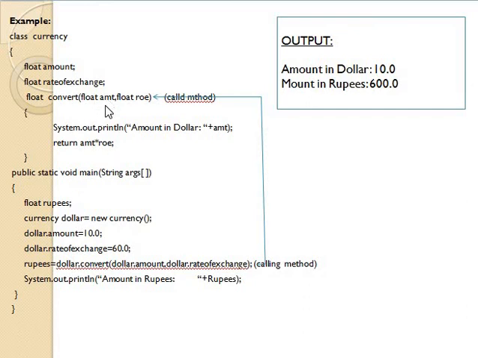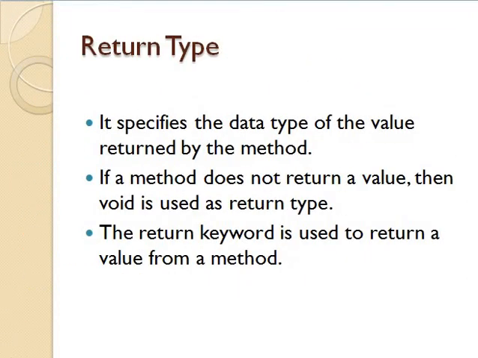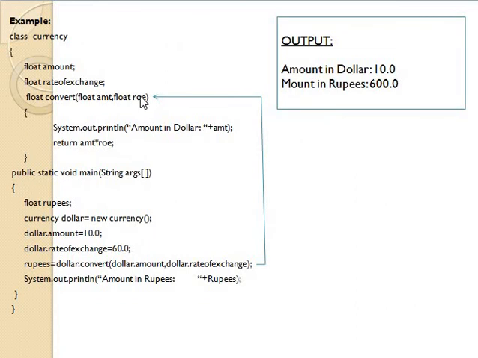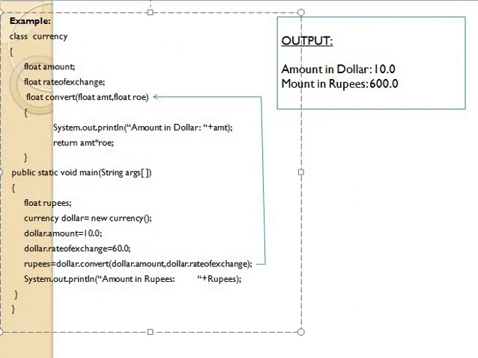If you take only one parameter, then you can omit the second parameter, which is ROE in this case. You can just keep one parameter for this method, that is AMT. Or if you want to put more than one parameter, then you can again include the second one, which is float ROE.